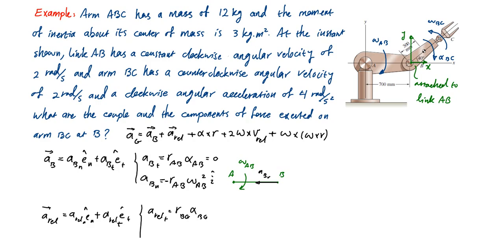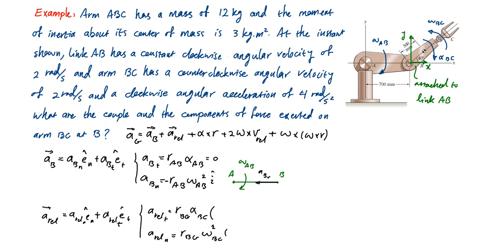Well, alpha BG is alpha BC, so I'm just going to write alpha BC, the alpha of link BC, times, well, I have to find the directions. Now, A relative normal would be R_BG, the distance, omega BC squared, the angular velocity of that link, sorry.